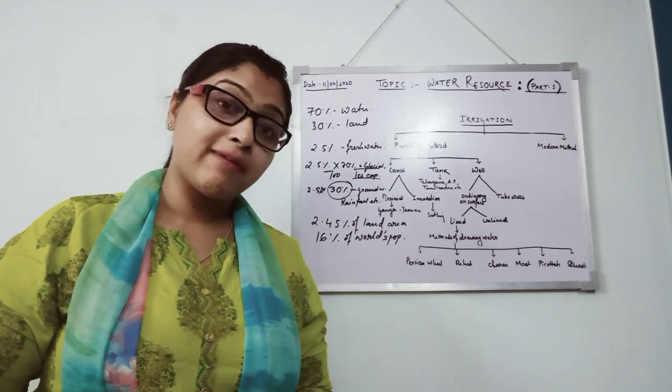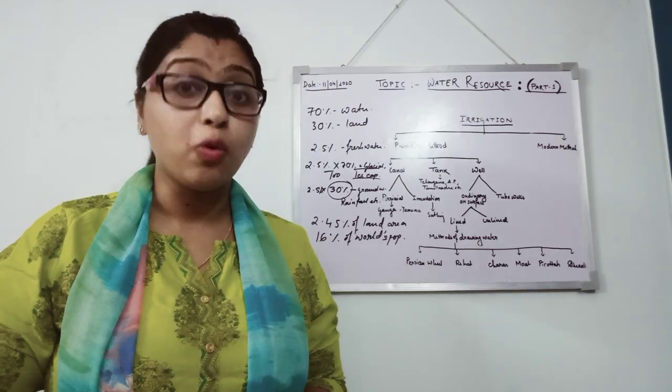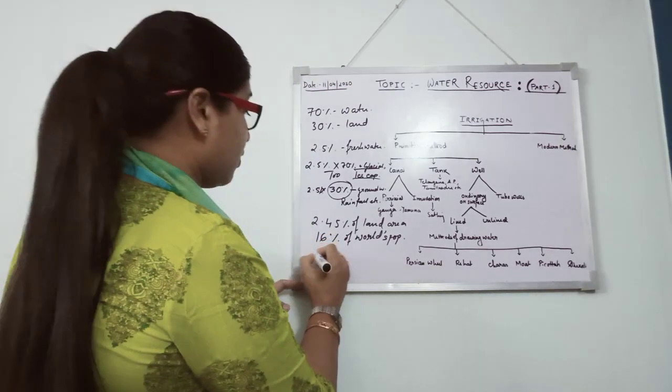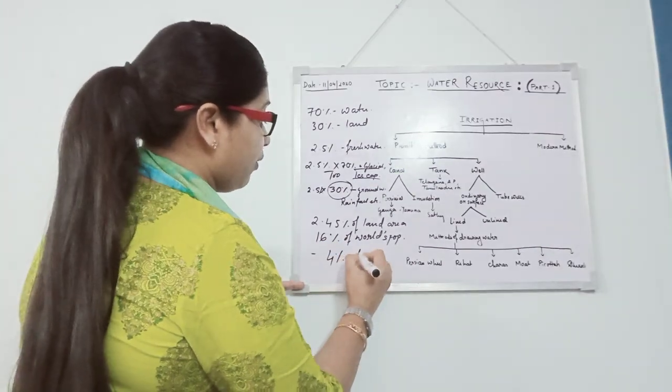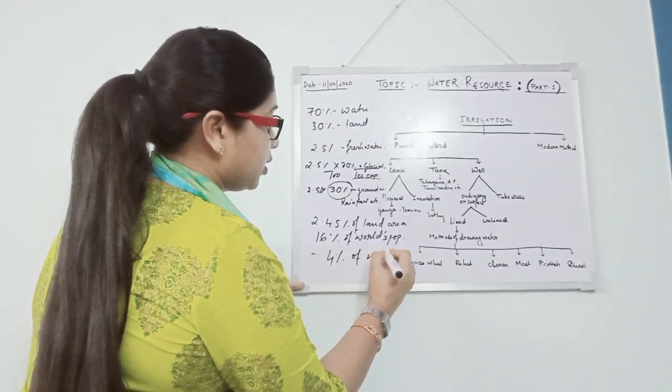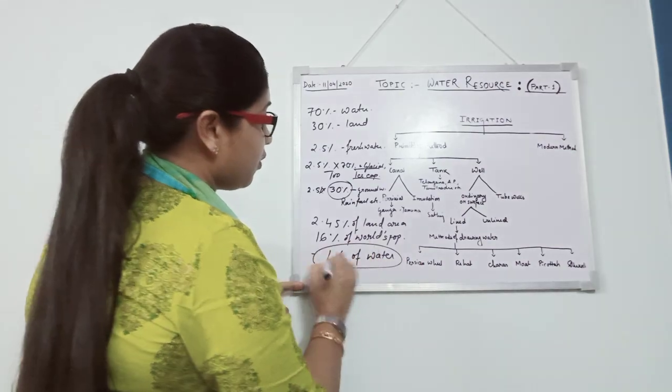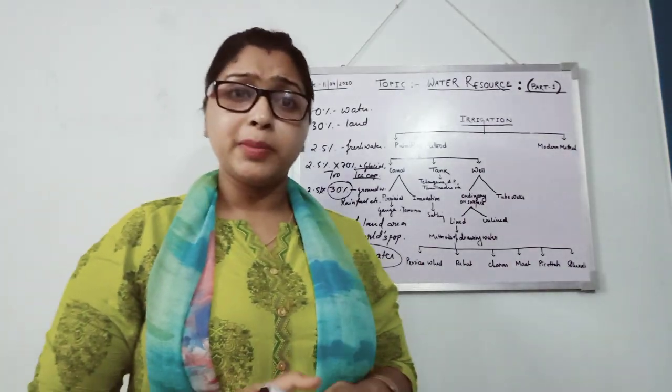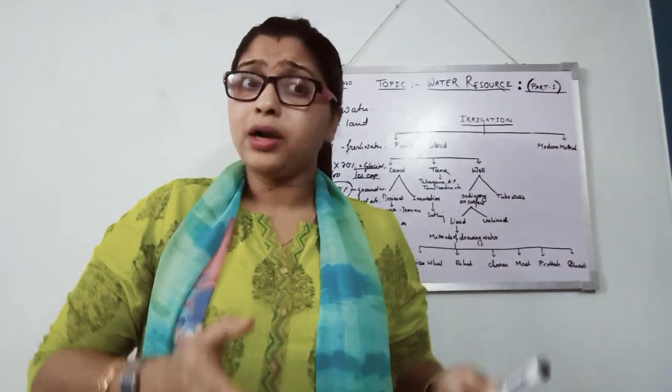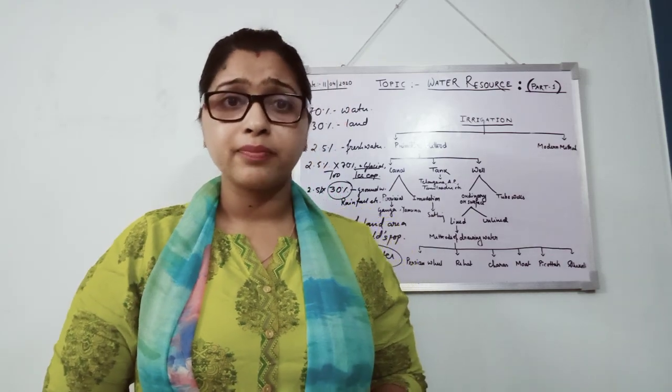But we do not have that much water. How much do we have? We have only 4% of the world's water. Which means a very small percentage that we can't use fully for drinking purposes.